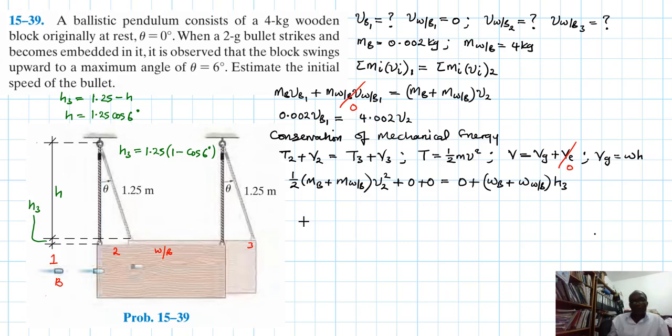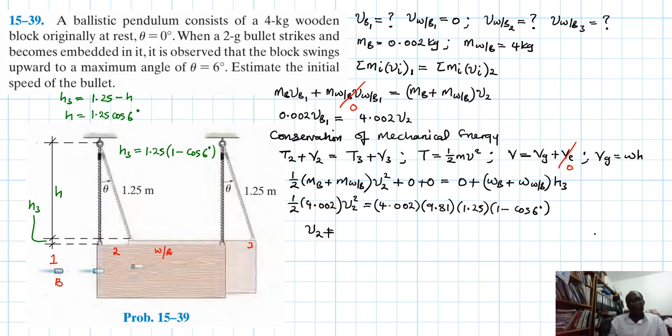So let's write this. So we'll say half times 4.002 V2 squared. This is equal to 0.002 by 9.81 by H. H we said is just 1.25 by 1 minus cos 6 degrees.